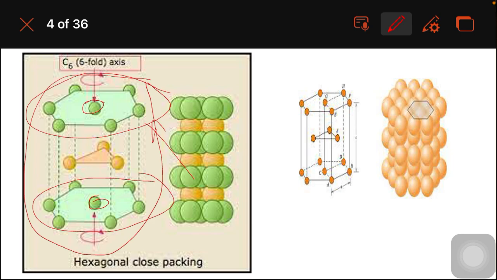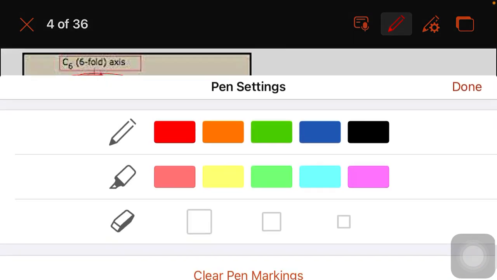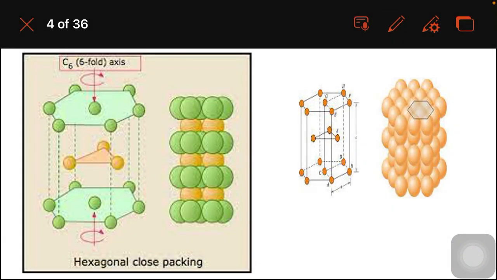Now the middle layer, which is in between these two hexagons, is placed at this position, and these atoms are not lined up with the atoms present in the two hexagons.